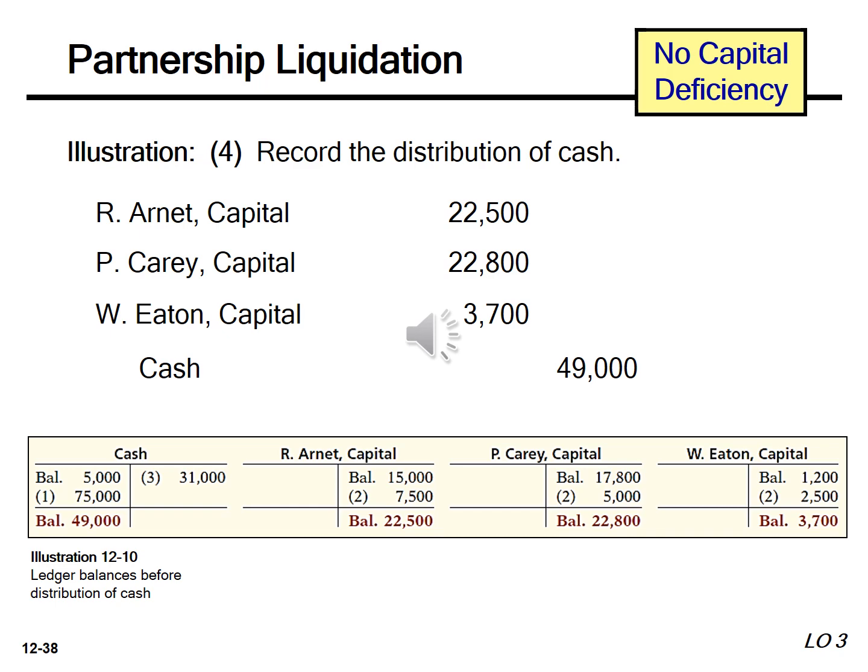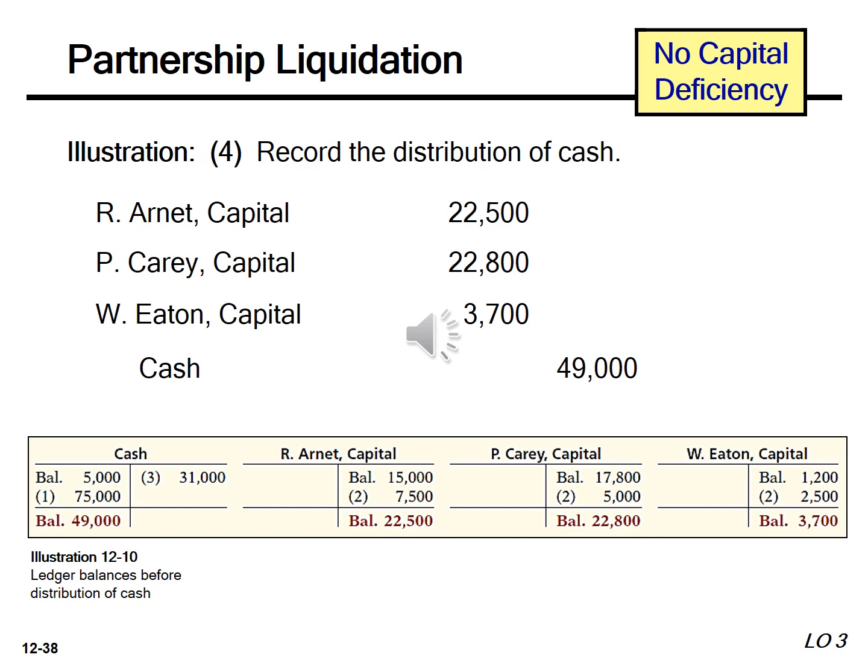And it's going to have a credit of 31,000, which is the settlement of the payables, the notes payable and the accounts payable. So the cash balance is going to be 49,000.